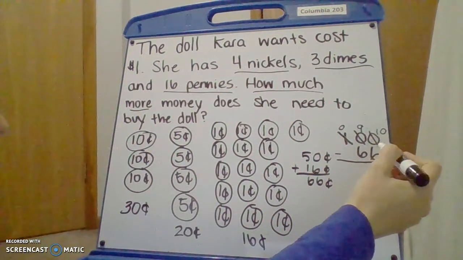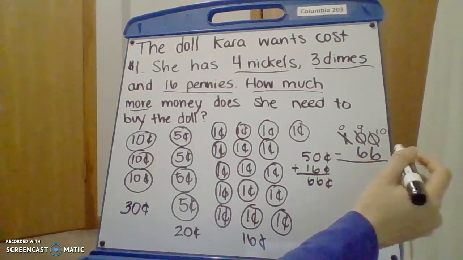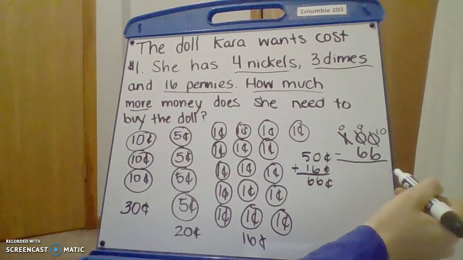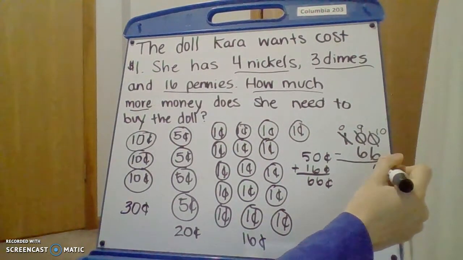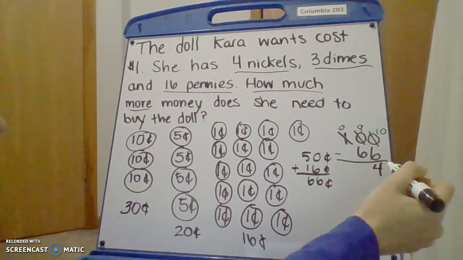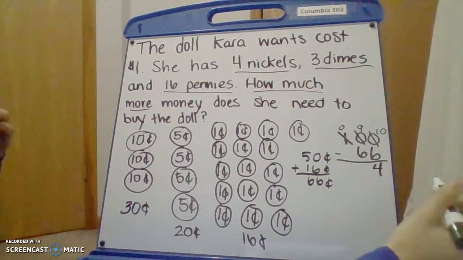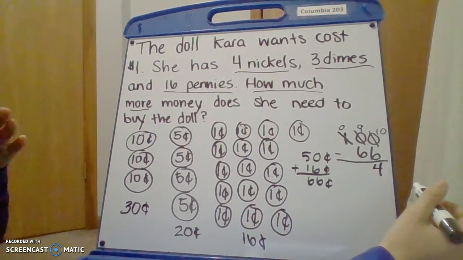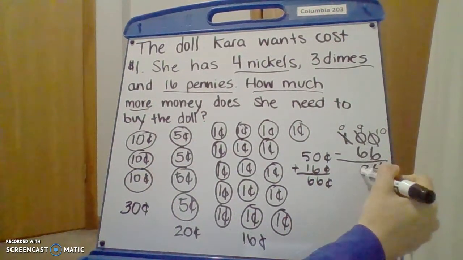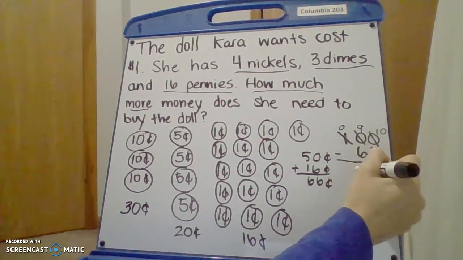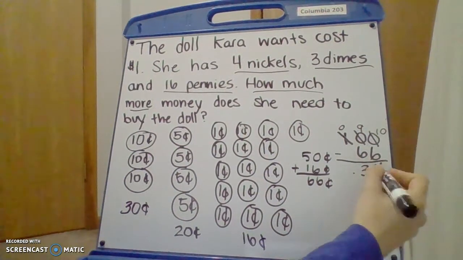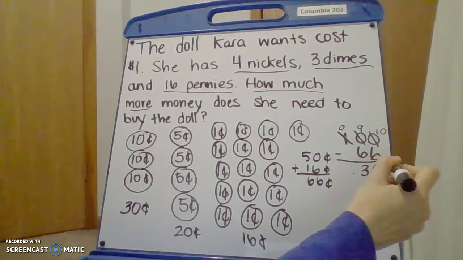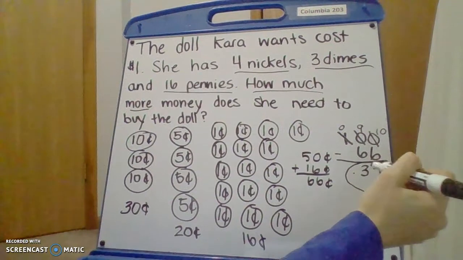That will become a 10. 10 minus 6 is going to give you 4. 9 minus 6 is going to give you 3. And remember, this is 0, but you do have your decimal point, so it's going to be 34 cents. That's how much more she needs.